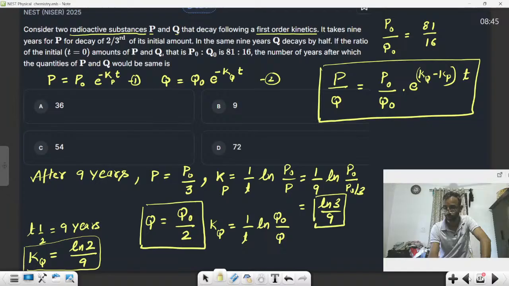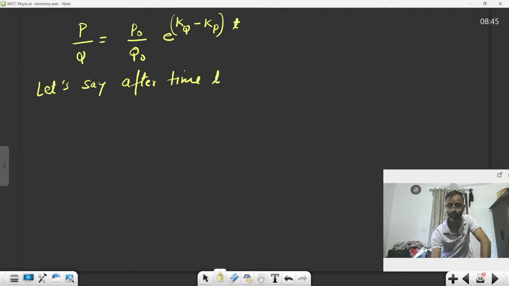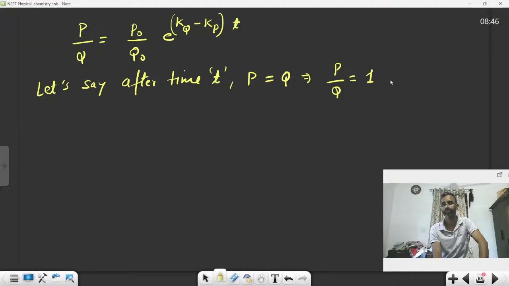See, we have to calculate the number of years after which quantities of p and q would be same. So let us say after time t, p becomes equal to q. That implies p upon q is equal to 1.